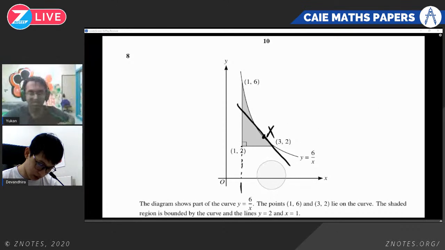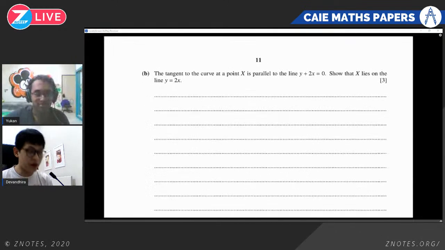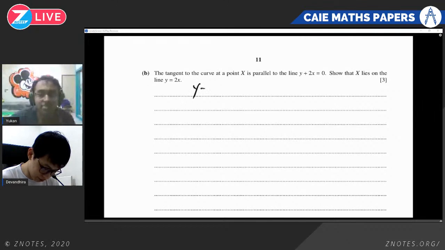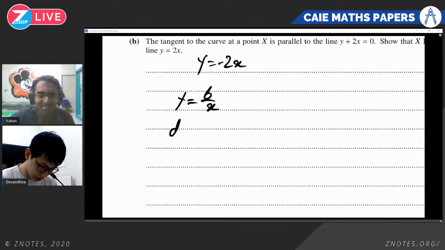So let's go back here. That means we have to find where on the curve the gradient is negative 2, right? We have our equation, so we just have to differentiate it, dy dx, because when we differentiate, we'll get the gradient.